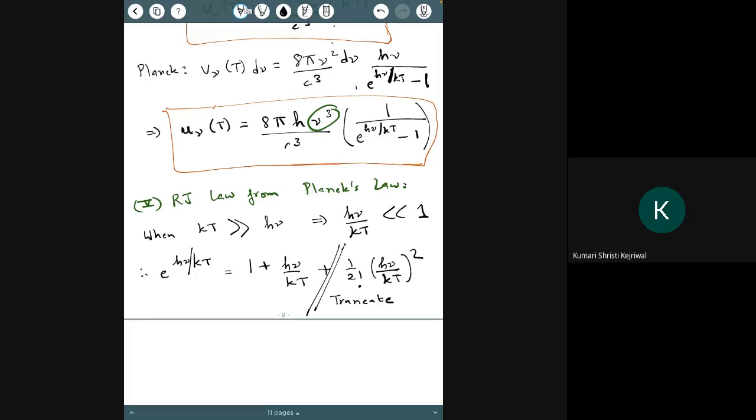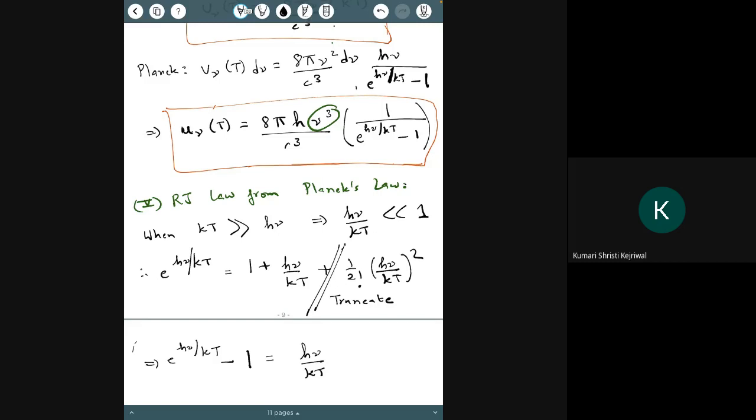Then e to the power h nu by kT minus 1, which is the factor we have in the denominator of the spectral energy density, can be approximated as h nu by kT.